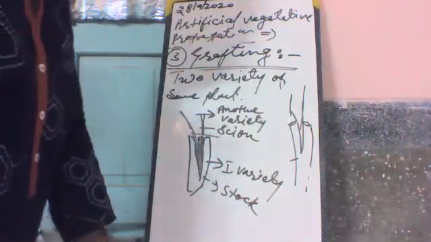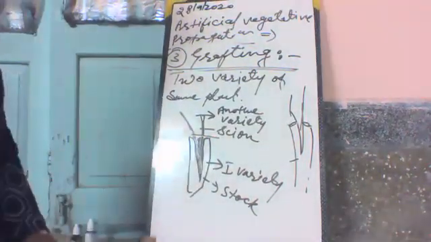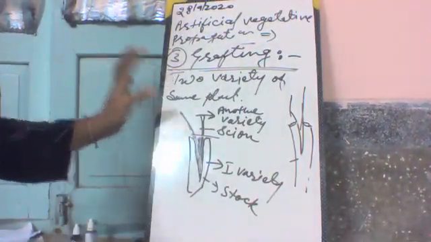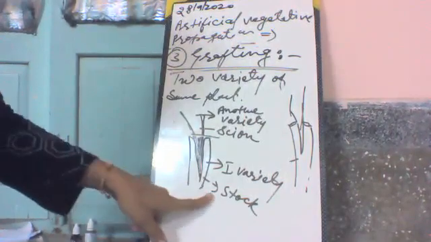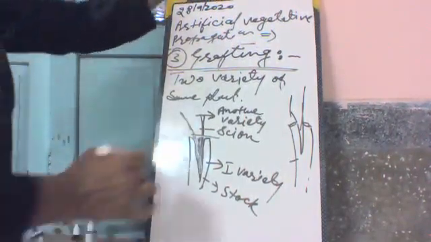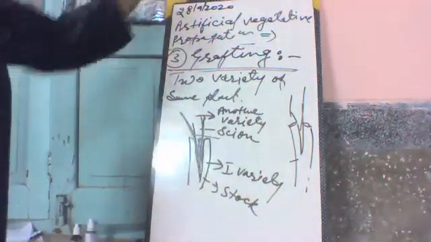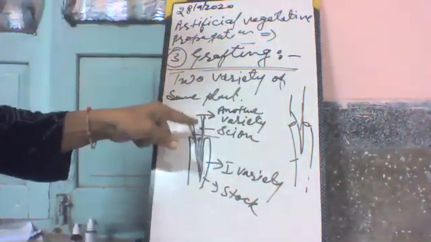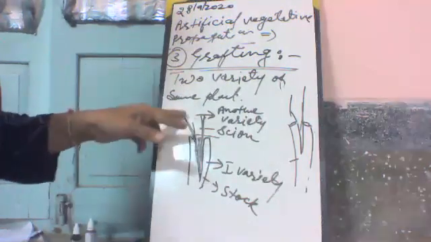This process is known as grafting. In grafting, we have to take two desired variety plants. First, cut the stem at the middle part to fix the stem of the second variety.